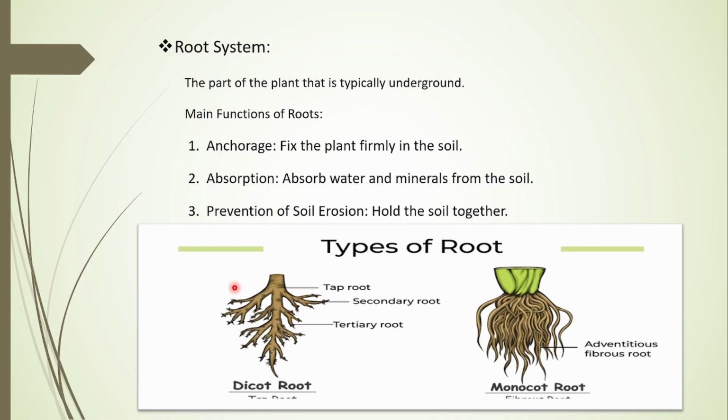Anchor means they fix the plant firmly in the soil, and they absorb water and minerals from the soil which are needed for the growth of the plant, and they prevent soil erosion and hold the soil together. If a plant has no root, it cannot stand straight or get water.